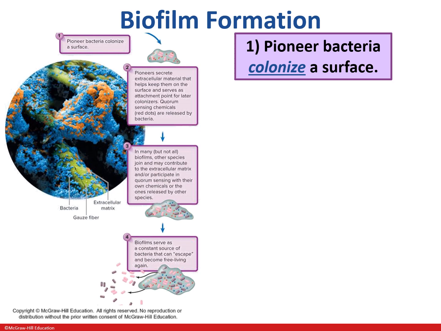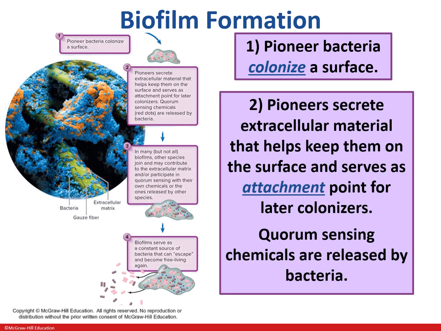And so biofilms, again, we've met them several times already this semester. We're going to continue seeing them over and over. So really the basic steps of forming a biofilm involve at least some type of pioneer bacteria, right? And these would be the guys that have to have a fimbriae or a capsule or something that allows them to stick and colonize the surface.